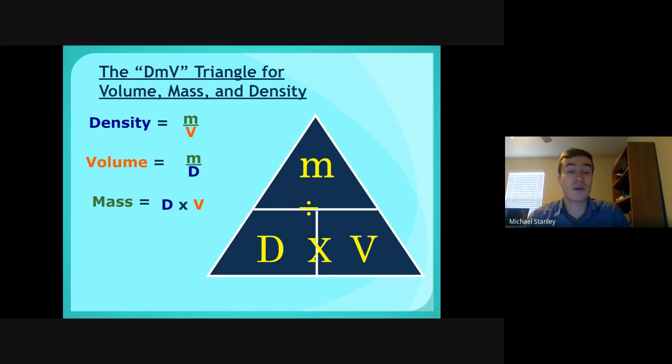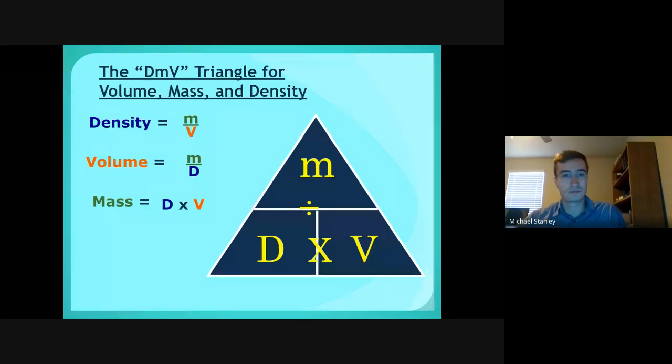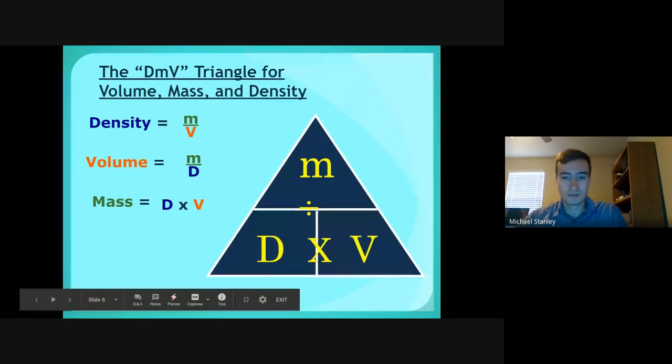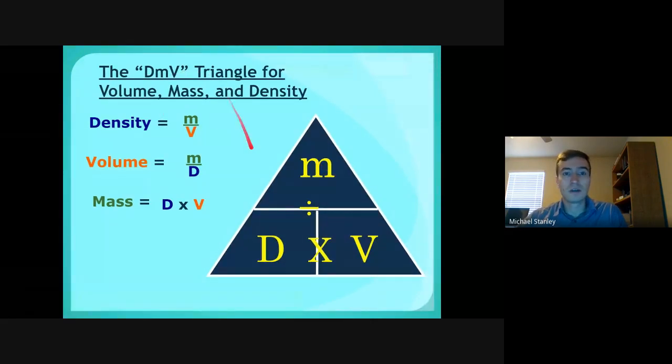So again, as long as you have down that D equals M over V equation and you feel pretty comfortable with that, then you should be in pretty good shape. Density, mass divided by volume.